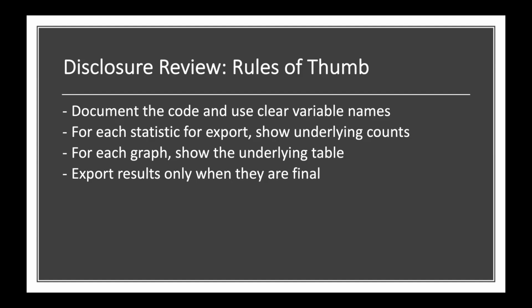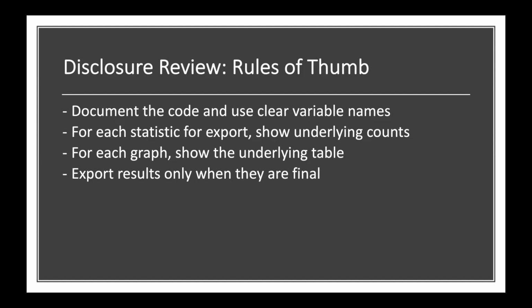As we discussed earlier, instead of calling a column var1, if you called it individual counts, it would indicate to the reviewers very quickly that that variable corresponds to the counts of individuals. For each statistic for export, you should make sure that you're showing all necessary underlying counts.